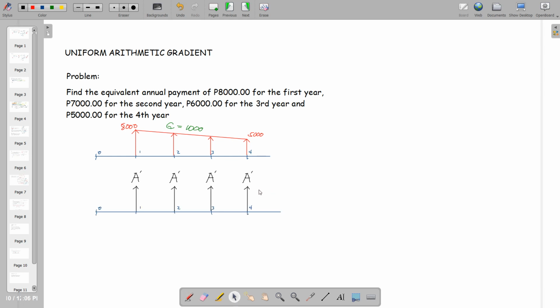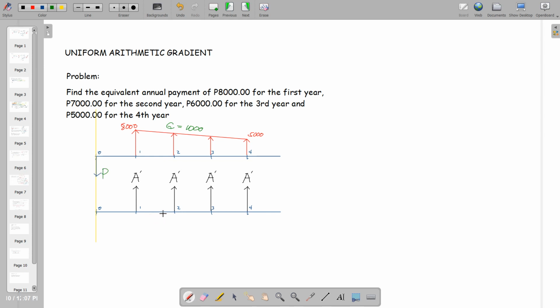Hence, we can write the cash flow as equivalent A prime. So basically, both of these two cash flows have their corresponding present worth. So we will compute the present worth as the common focal point here.